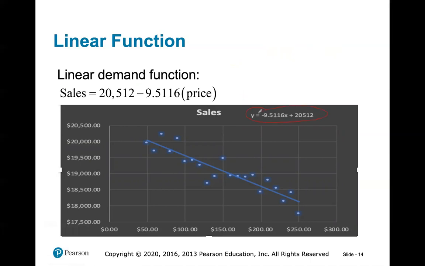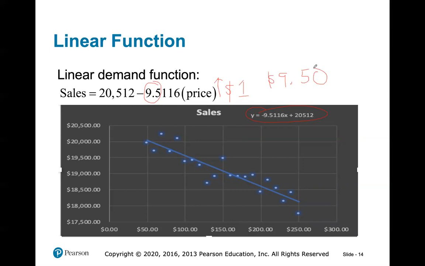Now it means that if price increases by $1, our sales will decrease by $9.50. So every time we increase our price by $1, our sales will decrease by $9.50. Basically, that's what the model is trying to tell us.